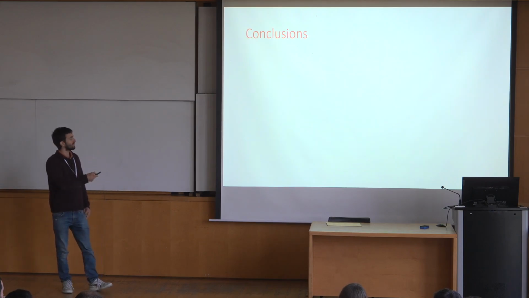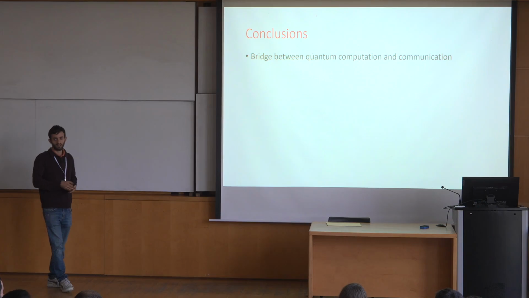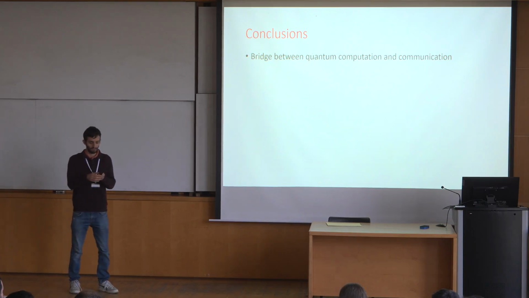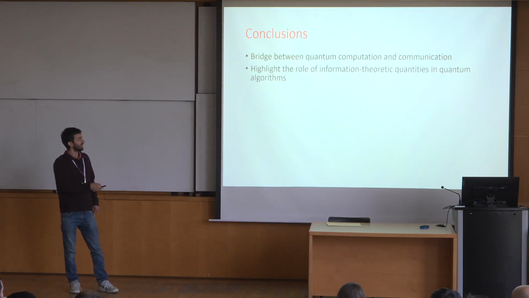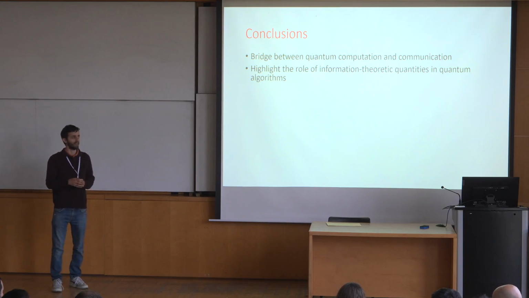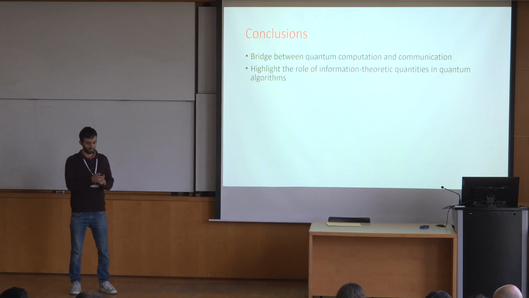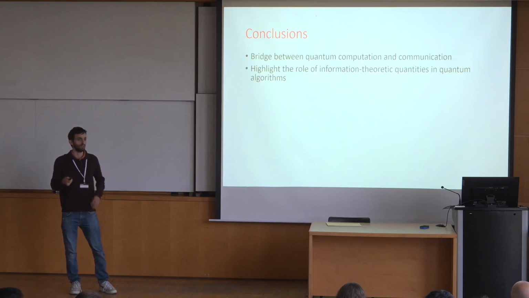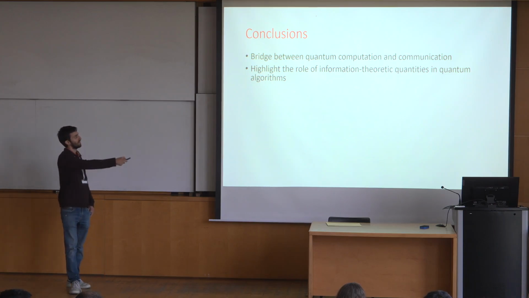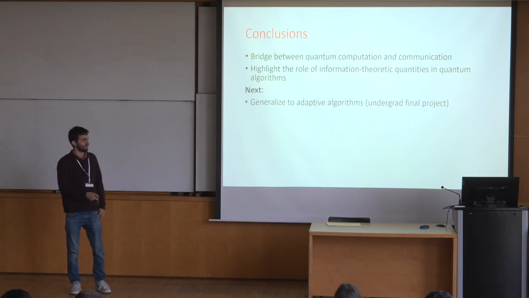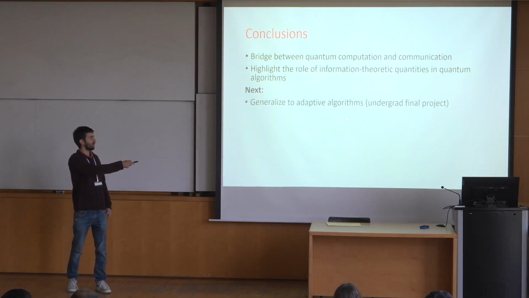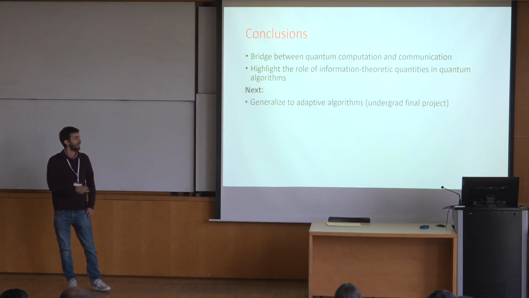So to conclude, we got this bridge between quantum computation and communication, and our results also highlight the role of these information theoretic quantities in constructing good quantum algorithms. What we'd like to do next is first generalize our results to include also adaptive algorithms.